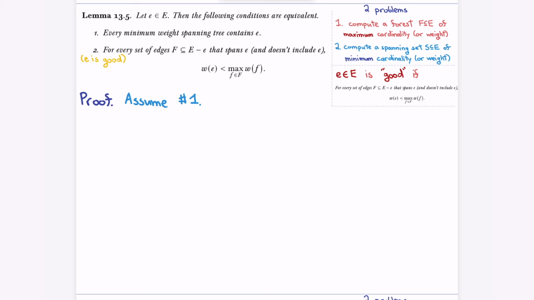Okay? So suppose every minimum weight spanning tree contains E. The claim is that E is good.